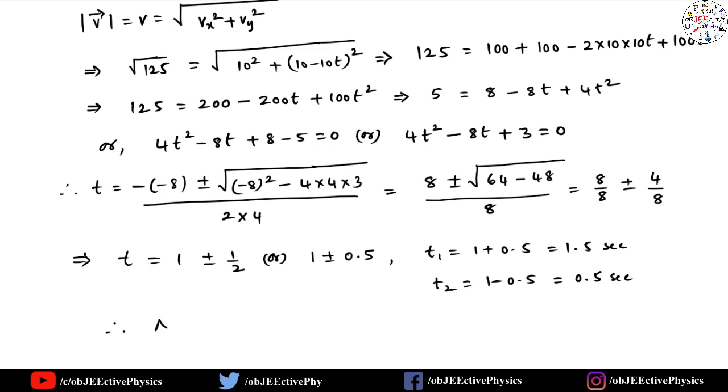Therefore time interval delta t is equal to t1 minus t2, that is 1.5 minus 0.5, which is equal to 1 second. That is, in a time interval of 1 second, velocity becomes square root of 125 meter per second. That is option 2.